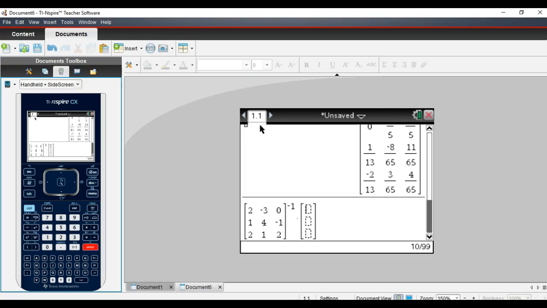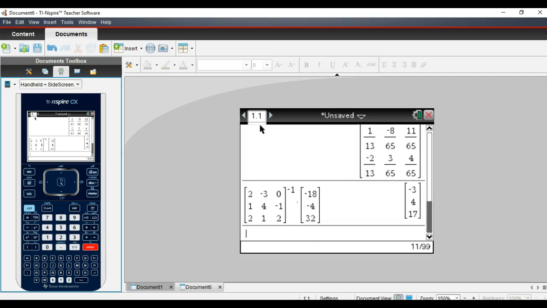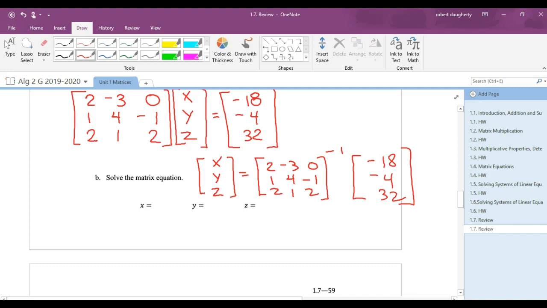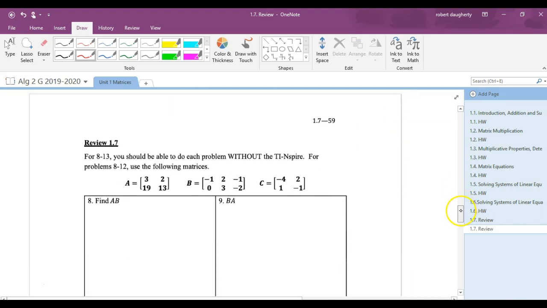That's the matrix with all the solutions, negative 18, negative 4, and 32. And that should be it. If I've done everything right, all I have to do now is just hit return. That gives me my solution, negative 3, 4, and 17. Okay, that's it. So that is, for this test, the end of the calculator section.